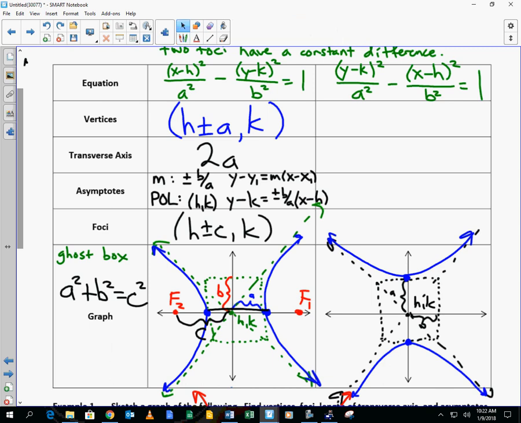How many units do those vertices sit from the center? A units from the center. So, Kevin, you're absolutely right, it's 2A units between the vertices. Each one is moved A units from the center. Will that change the h value or the k value? Therefore, the location is h, and then k plus or minus a.